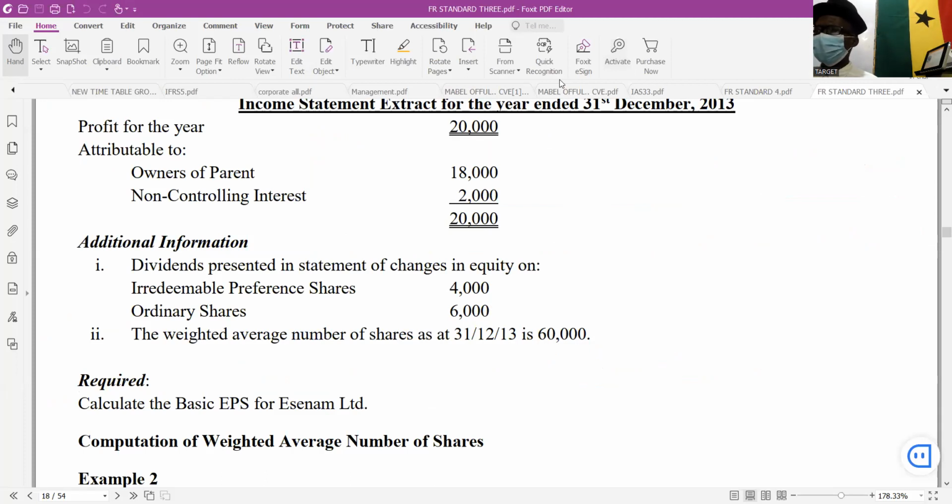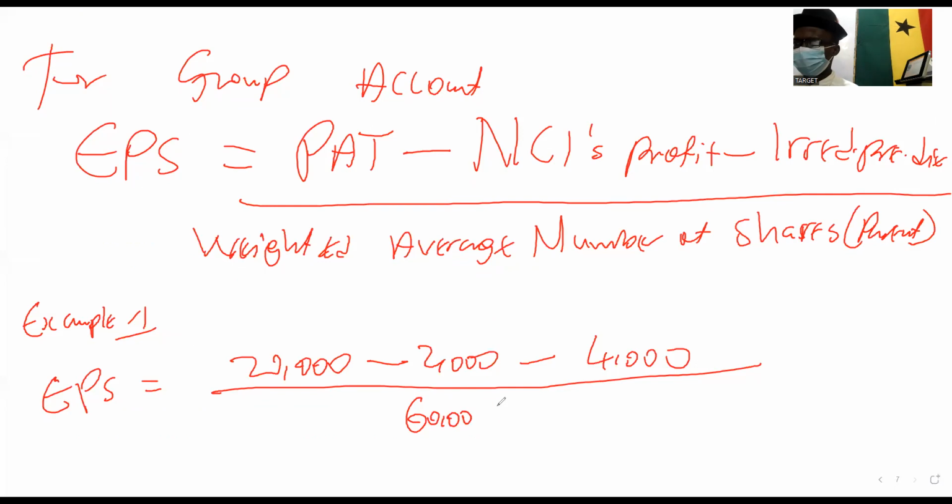So at the end of the day, what do you get as your final answer? Mathematicians, help us. When you divide 14,000 by 60,000, 0.23. All right, so that'll be 0.23.